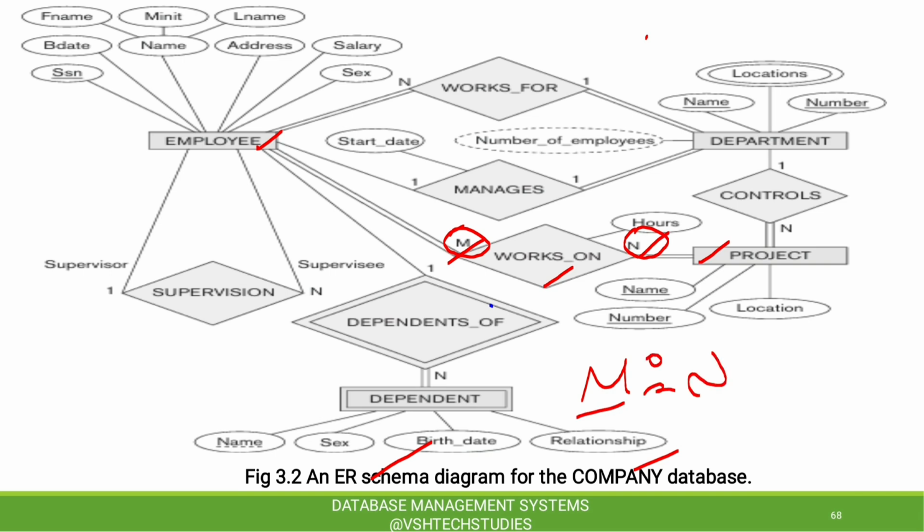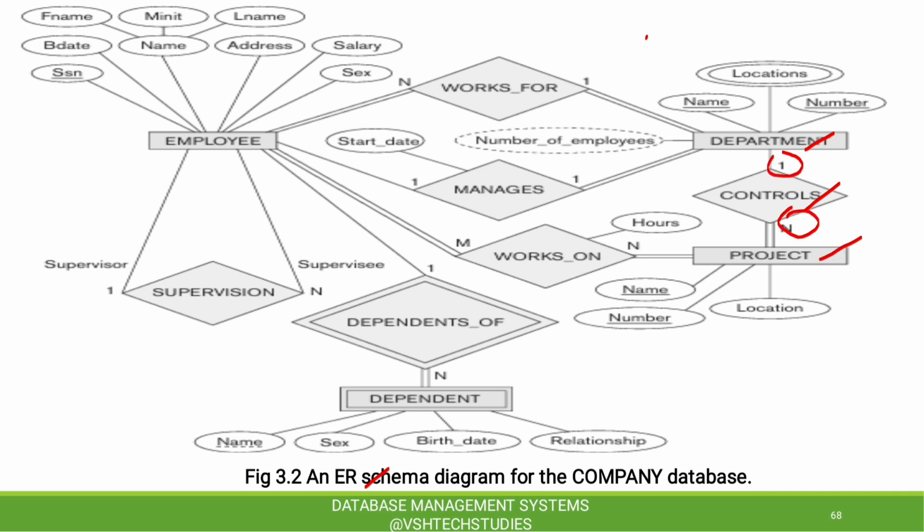That is, M number of employees can work for N number of projects. Means any number of employees can work for any number of projects. Okay. Next, considering the controls relationship, participating entities are department and project. Here 1 is written, here N is written. One department can control N number of projects. So one department can control any number of projects.